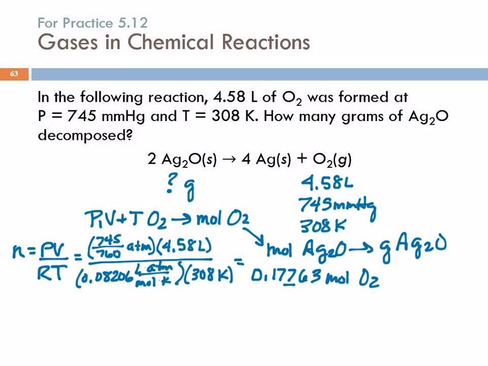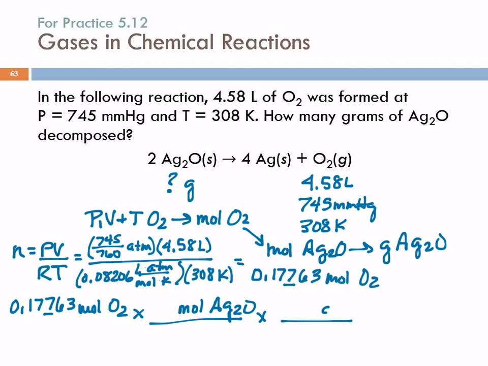Now the rest of this is dimensional analysis. So 0.17763 moles of oxygen. I need to convert that to moles of silver oxide, and then to grams of silver oxide.